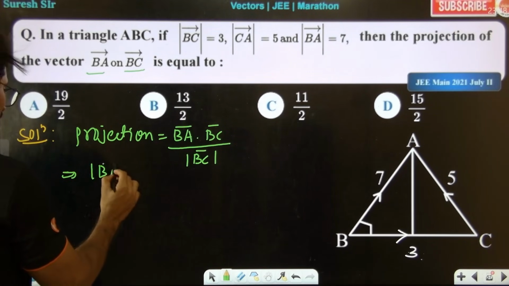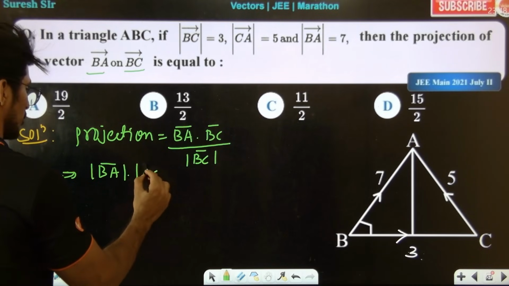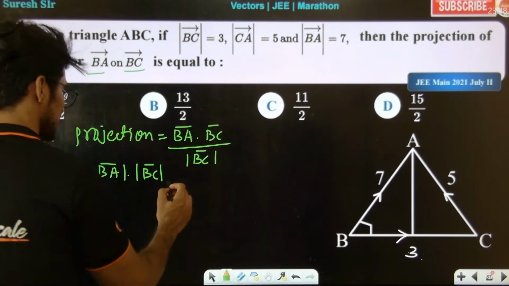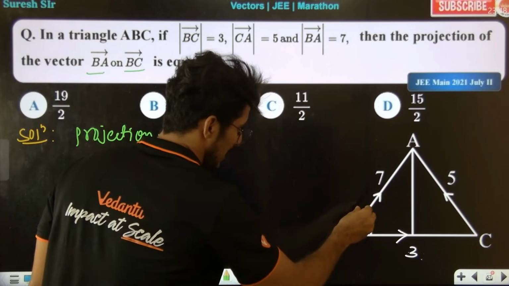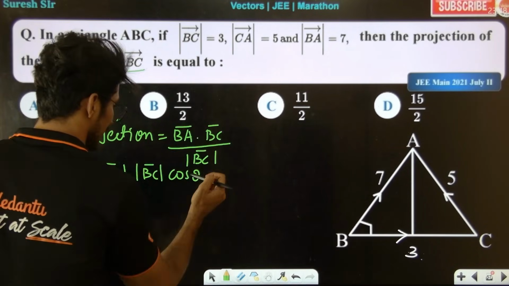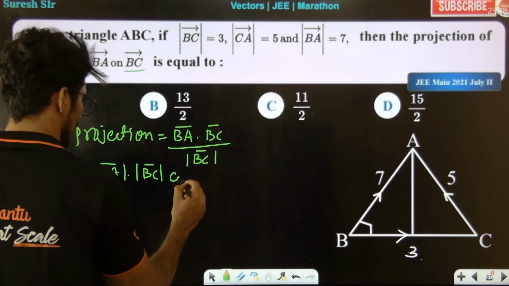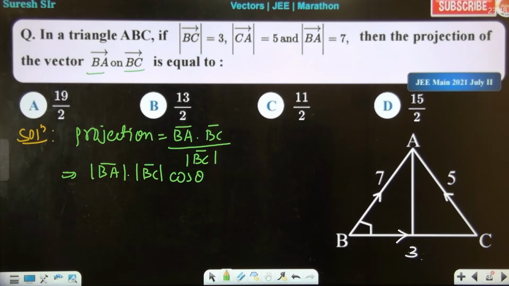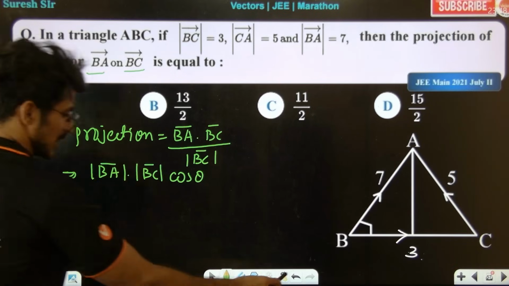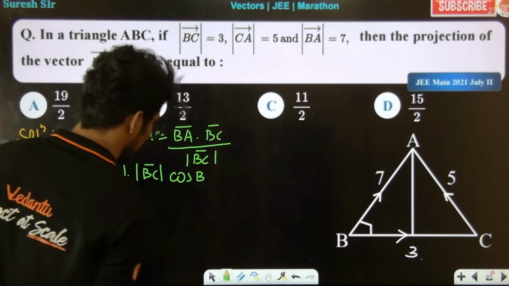Magnitude of BA times magnitude of BC times cos theta. I'm applying the A dot B formula. BA on BC, so what is the angle? It is B. So cos theta is cos B basically. At B only the angle is forming, right?